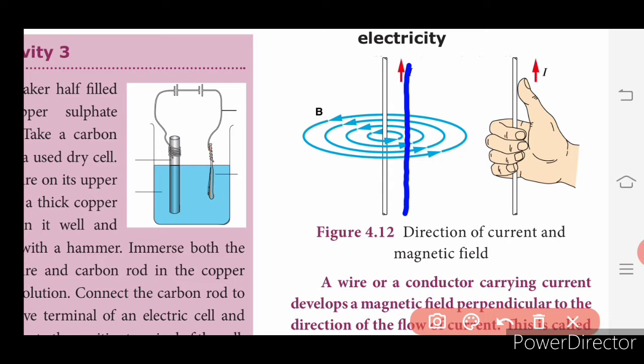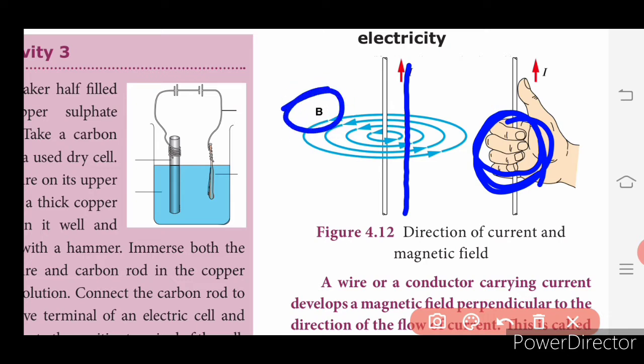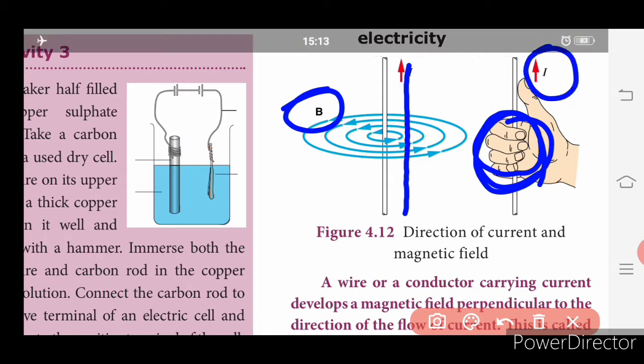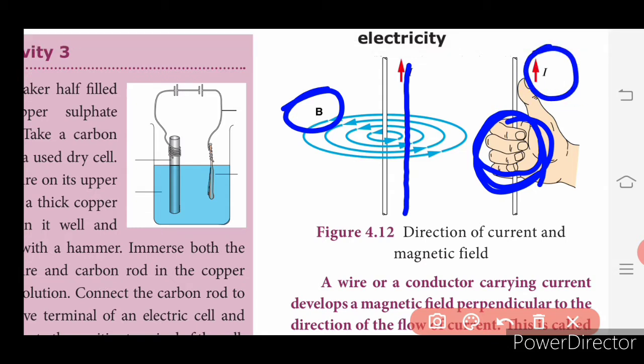When you hold it, you can see the fingers holding the rod in a circular motion, while the current passes in the upward direction. B is the magnetic field and I is the current. The magnetic field always moves in a direction perpendicular to the current.